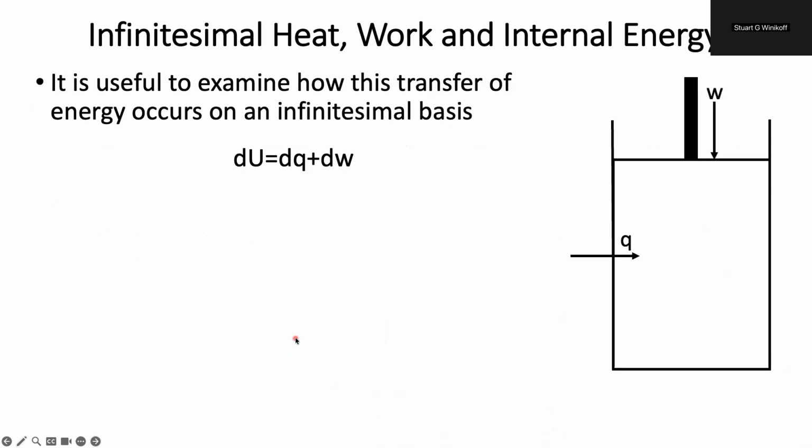Now, we can represent this change in internal energy on a discrete basis, but it's often much more common and much more useful to go to calculus and represent everything on an infinitesimal basis. So looking at how heat, work and internal energy change slowly over time.